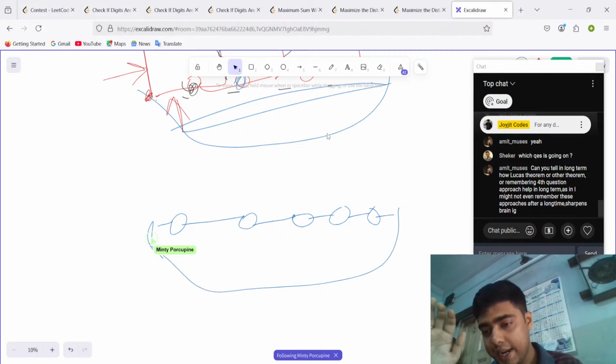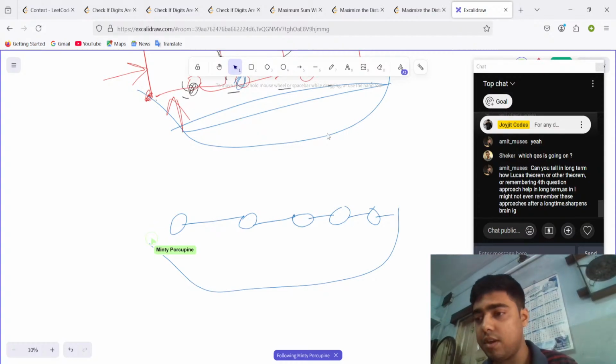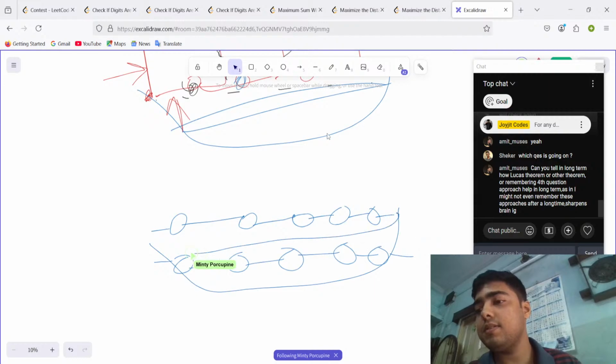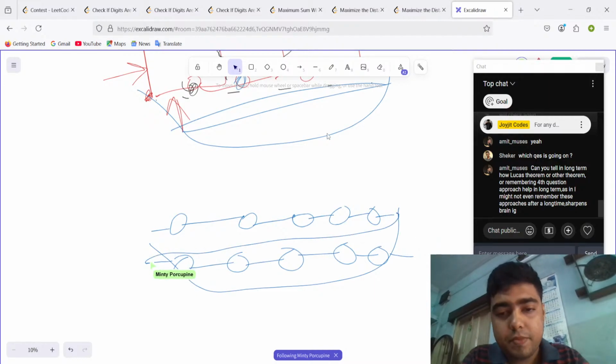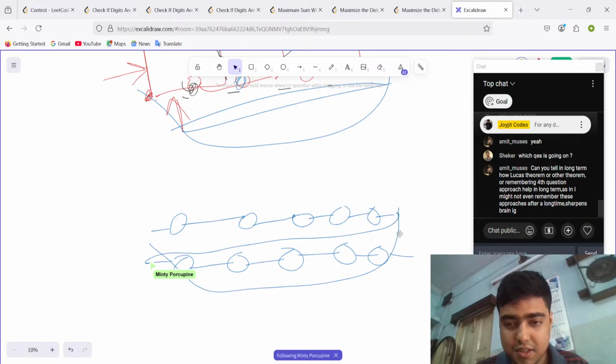So instead of connecting that back to that, because that will form a cycle over there, what we can do is repeat the whole thing, and we can connect it like this. Okay, ignore this line.